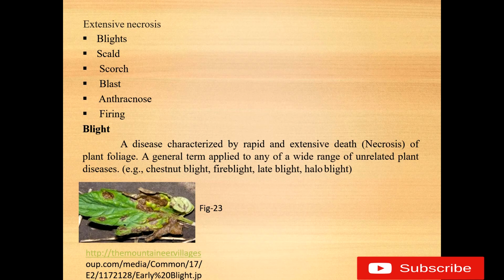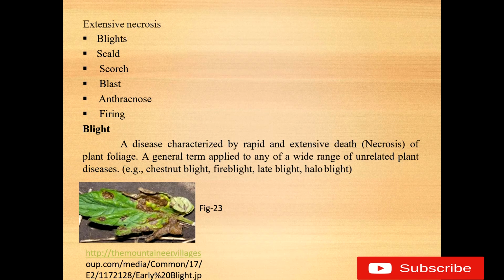So what do you mean by blight? Blight means a disease characterized by a rapid and extensive death of plant foliage. Different kinds of pathogens cause different kinds of blight diseases.